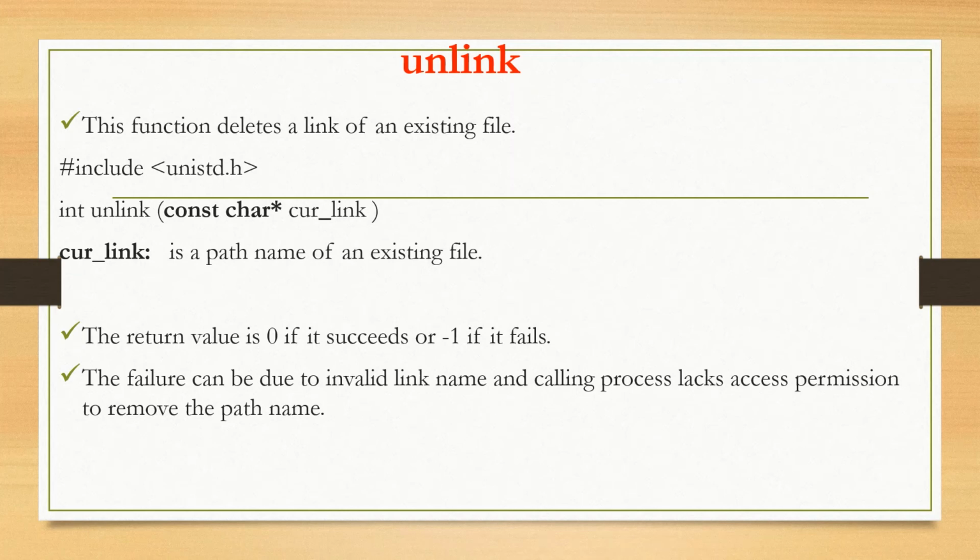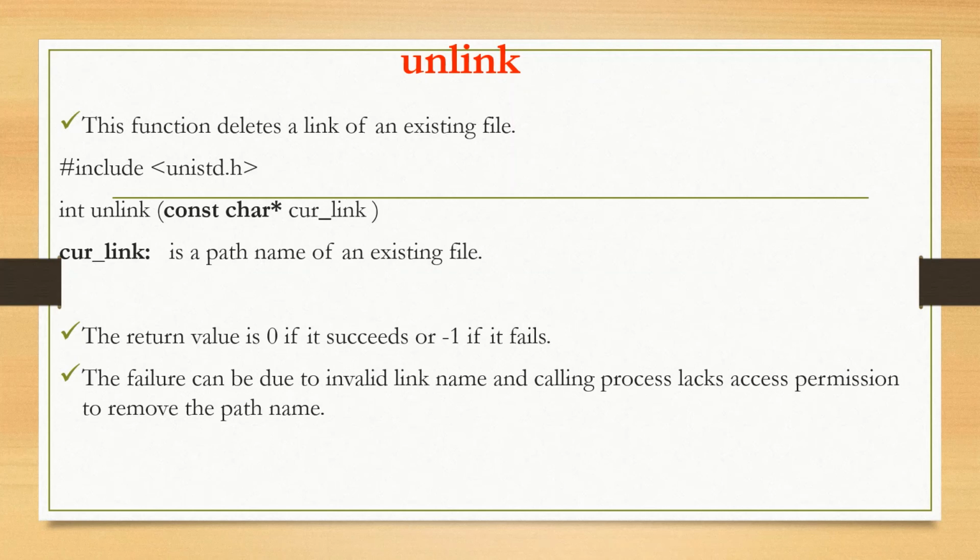The failure can be due to an invalid link name or the calling process lacking access permission to remove the path. It cannot be used to remove a directory file unless the calling process has superuser privilege.